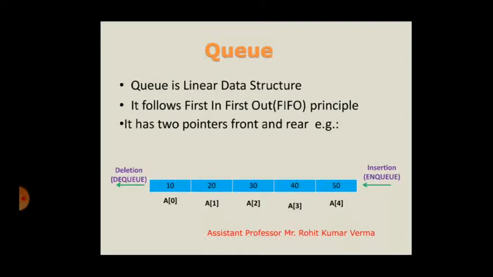So today we learn two things. The end which is used for insert operation in case of a queue is known as rear end, and the end which is used for delete operation in case of a queue is known as front end. I think these two concepts are clear now.